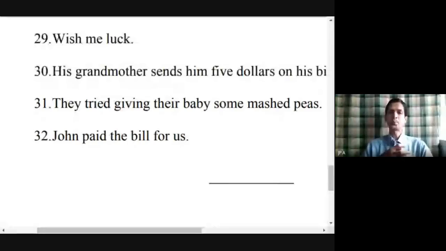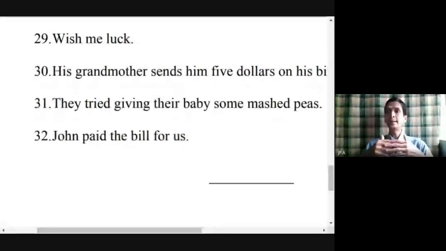Give to whom or for whom? Their baby. So the indirect object is their baby. To whom? Their baby. So that is the indirect object.